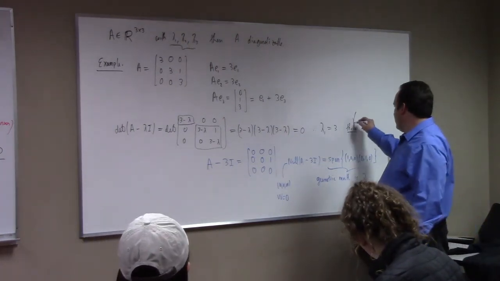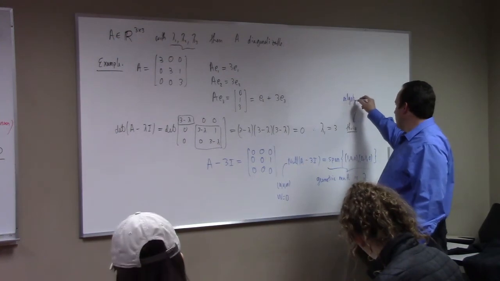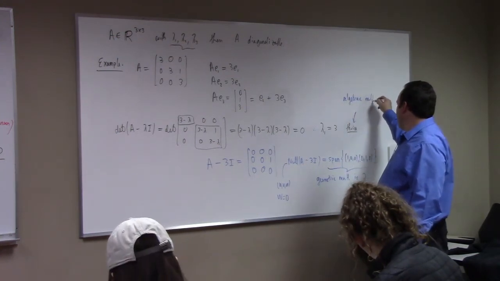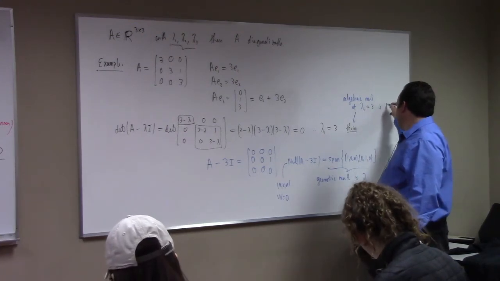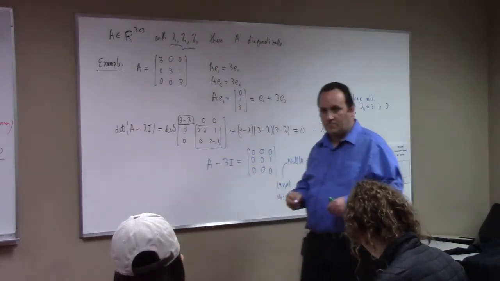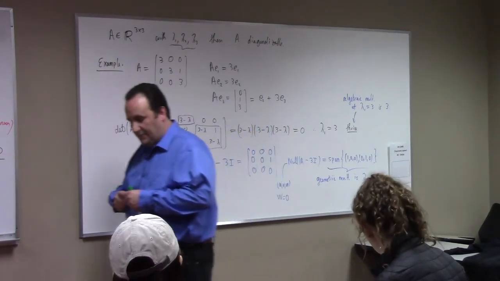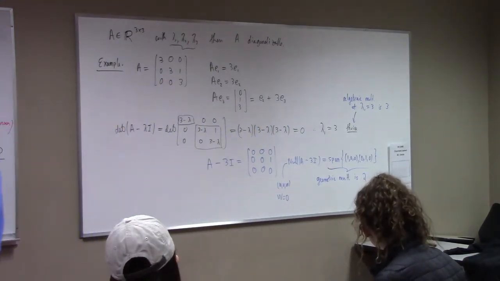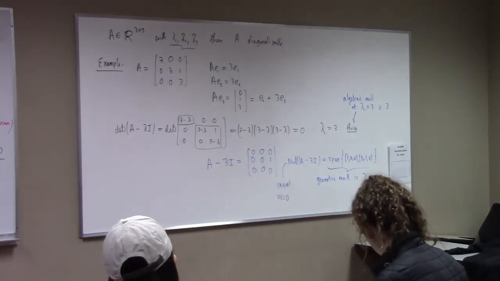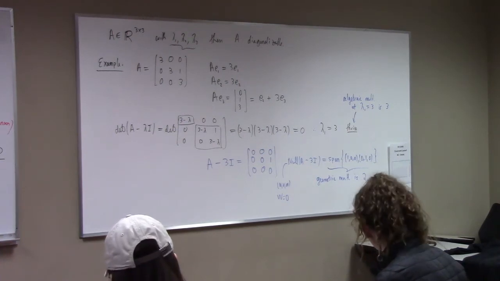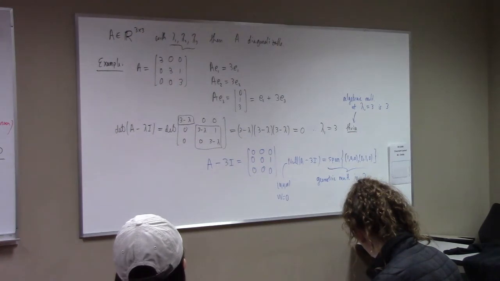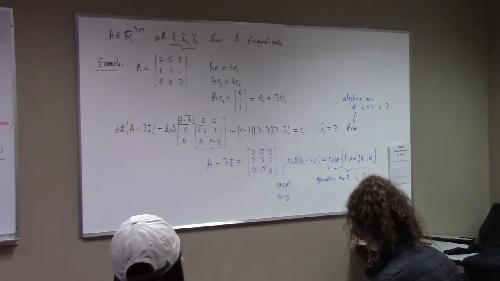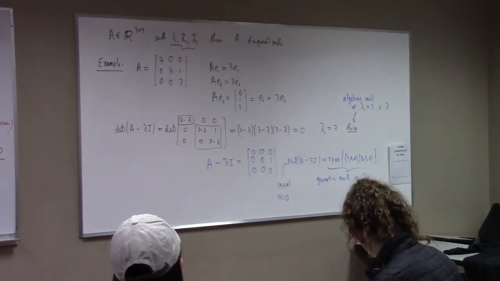The algebraic multiplicity of lambda 1 equals 3 is 3. We have a theorem that says the geometric multiplicity is at most the algebraic multiplicity. When they're equal for each eigenvalue, that's when we get diagonalizability. Okay?